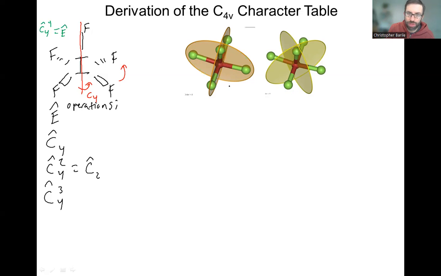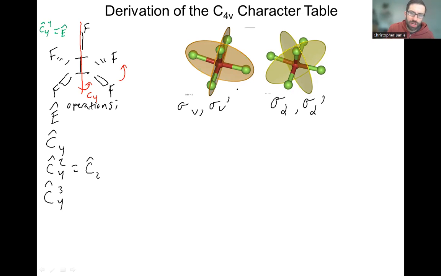There are 4 different mirror planes, and you can see how they're cutting through the molecule. The definitions: we have sigma V's, which are vertical mirror planes, and we have sigma D's. Here we could call one of these sigma V, one sigma V prime, one sigma D, and one sigma D prime. It doesn't matter which one we call which.